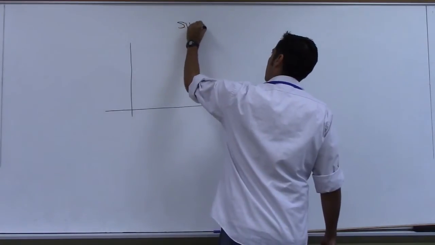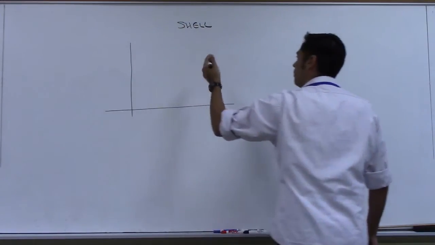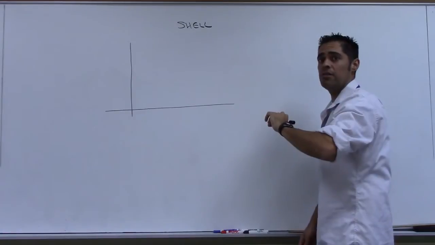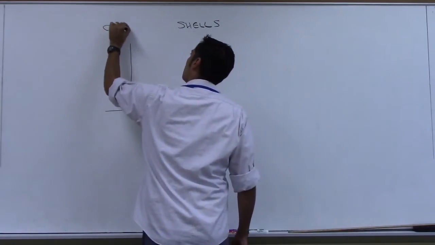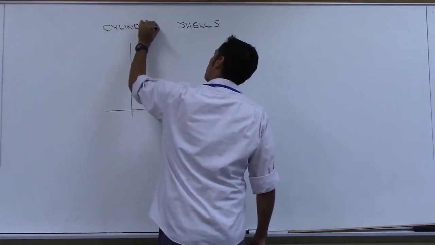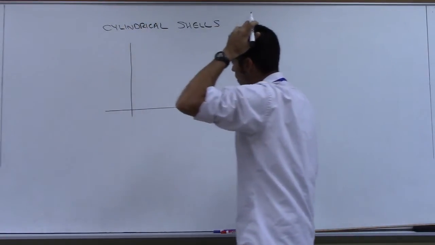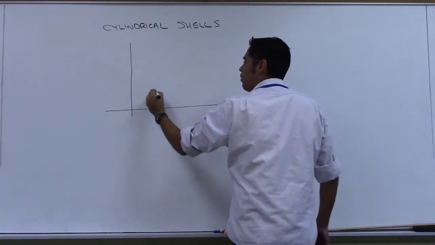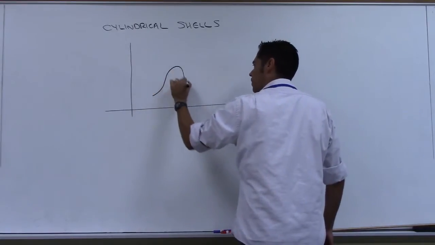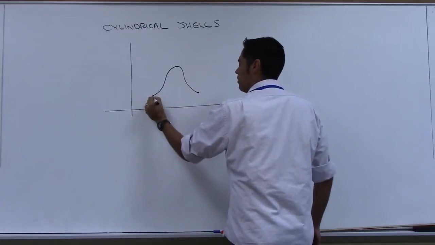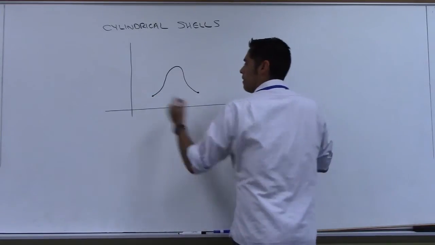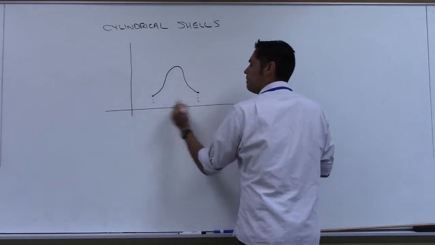In the shell method, the word comes from the idea of what are called cylindrical shells. So what we do is we take, let's say, the region that we're trying to wrap around, this region in here.